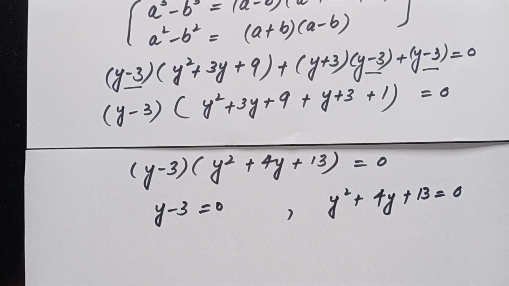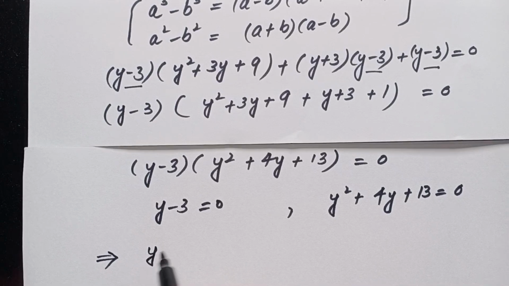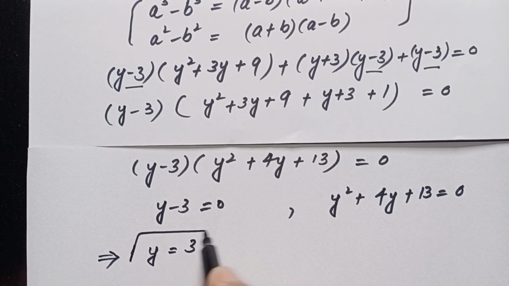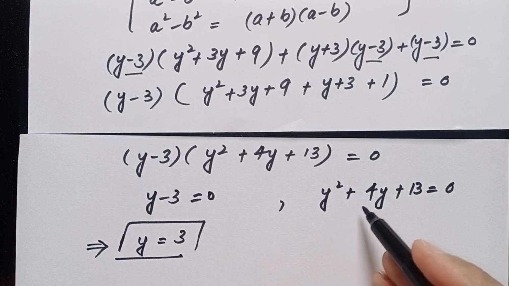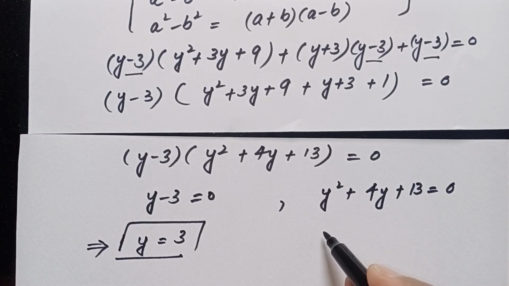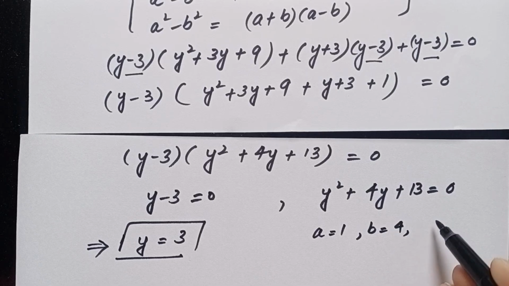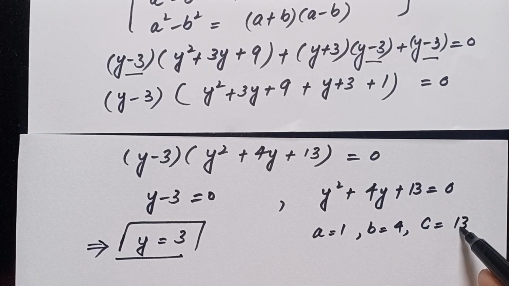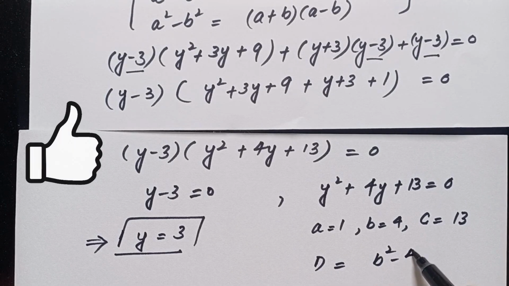From the first equation we have y is equal to 3. The second equation is a quadratic equation. Here we write A is equal to 1, B is equal to 4, and C is equal to 13. First of all, we will find its discriminant. Discriminant is B square minus 4AC.